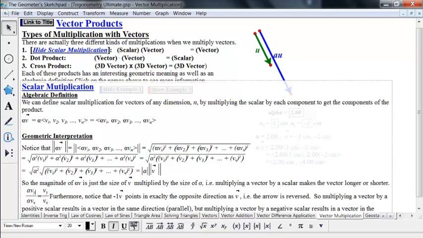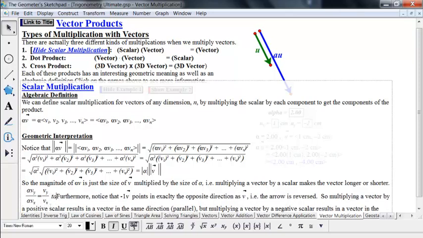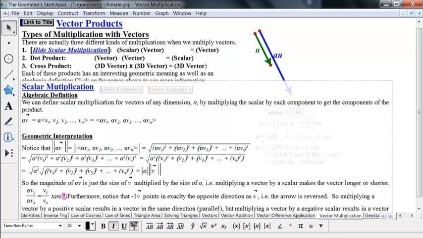Because the alphas cancel. And so that's the tangent of the theta for the vector v.